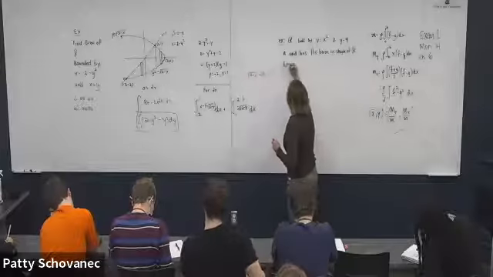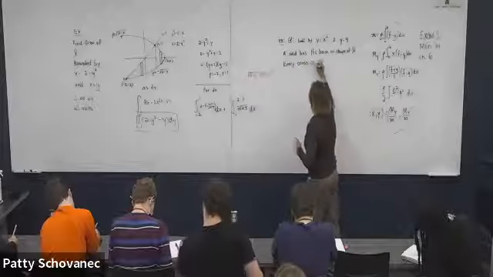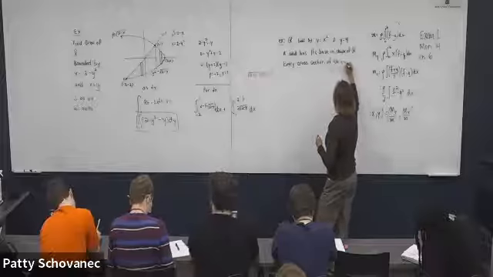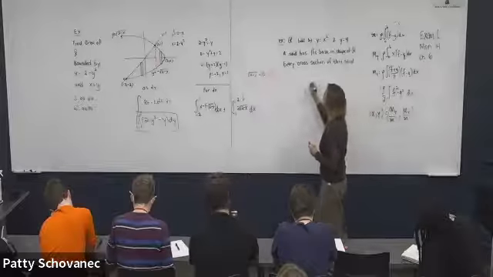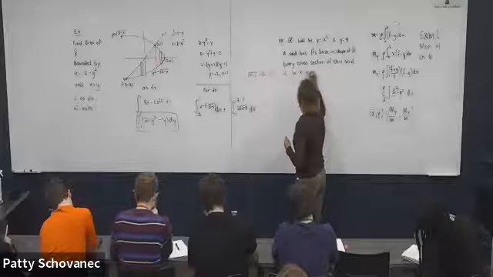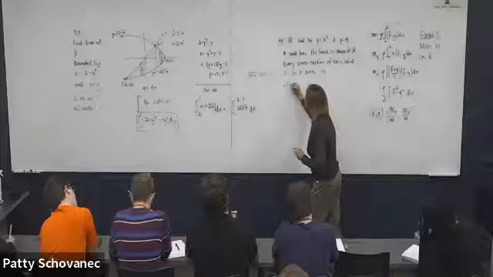Every cross section of the solid perpendicular to the x-axis is, in part A, a square.